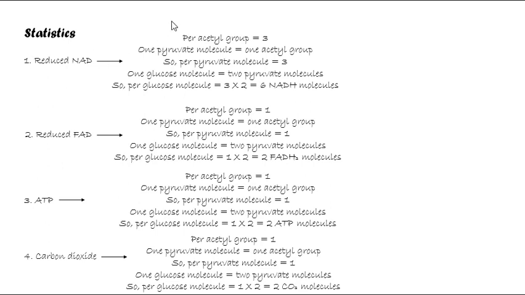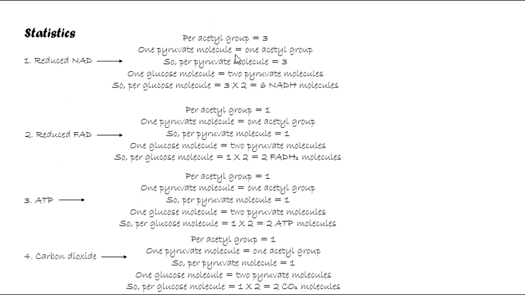During the Krebs cycle, per acetyl group, 3 reduced NAD molecules are formed.